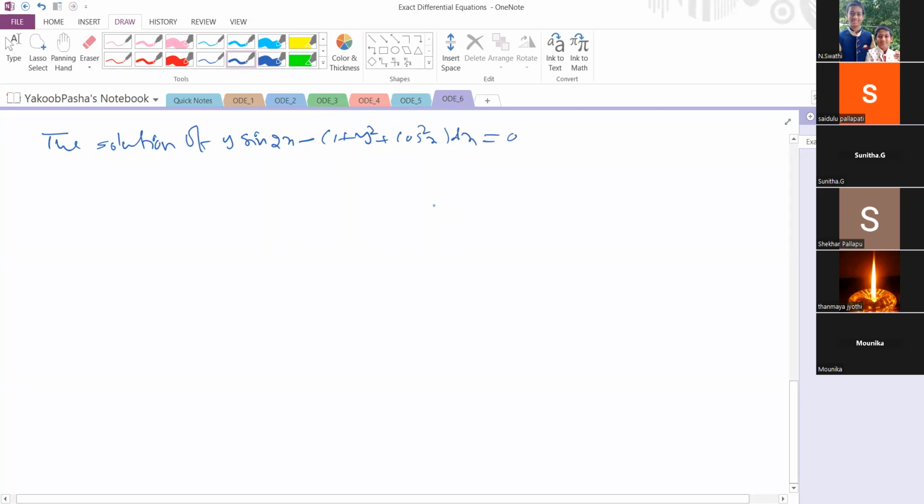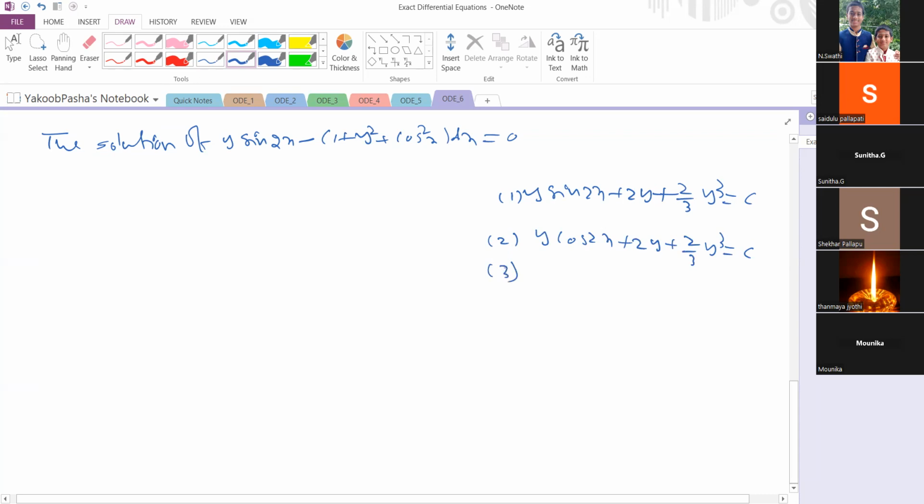Now first option, y sin 2x plus 2y plus 2 by 3 y cube is equal to c. Second option, y cos 2x plus 2y plus 2 by 3 y cube is equal to c.